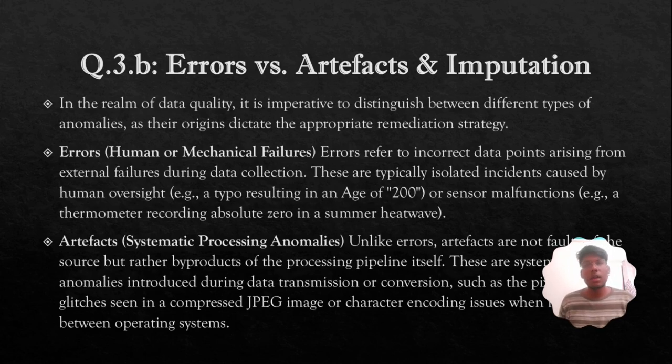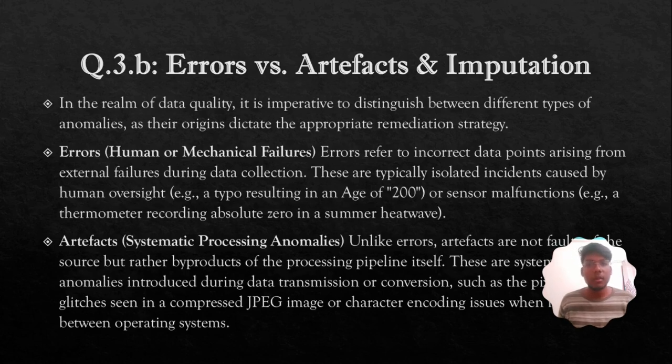Errors are human-made and mechanical failures. A human can make a typo while entering data into the table, or make a bad decision by choosing data from a misleading site, and that misleading data can skew your analysis.